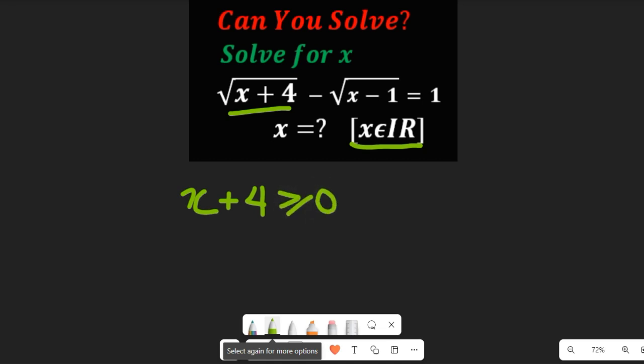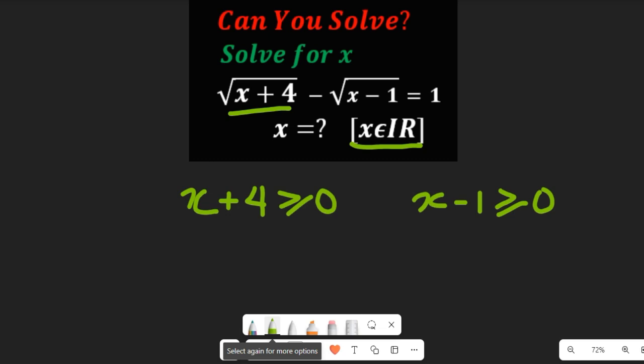If x plus 4 is greater than or equal to 0, then we can have real values of x. And the second condition is that x minus 1 must be greater than or equal to 0.